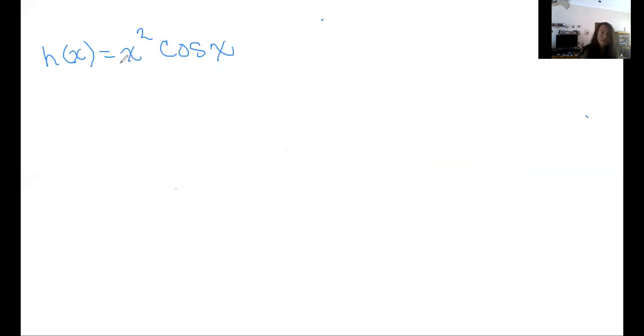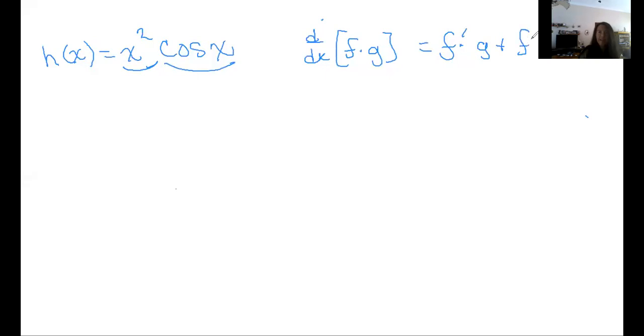So what I'm going to have to do here is use the product rule, because I have this times this. So the product rule is, if I have the derivative of f times g, that's going to be the derivative of the first times just g, and I'm going to add f times the derivative of the second.